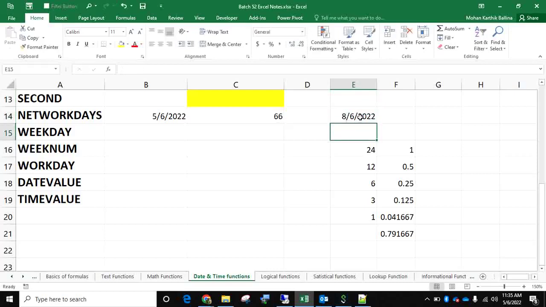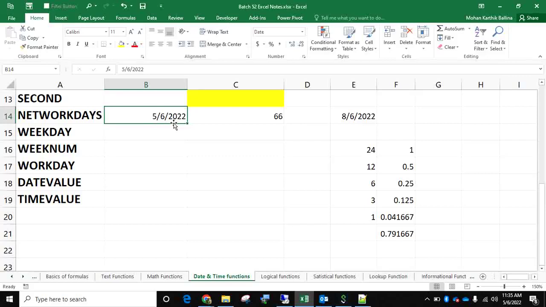The number of working days in between two dates. Okay, simple. The number of working days means apart from weekends, not holidays, weekends. It removes Saturday and Sunday. Observe.